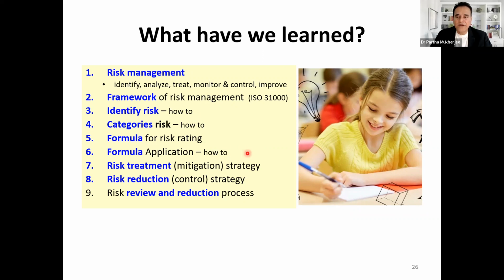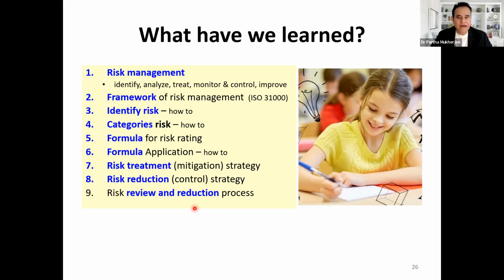And then after that, we have learned how to treat each of the risks through the two strategies, the treatment strategies and the control or the reduction strategies. And then we have learned to continuously review and reduce the risk, the risk reduction and planning and control and mitigation process, so that we can manage risks, any risks.